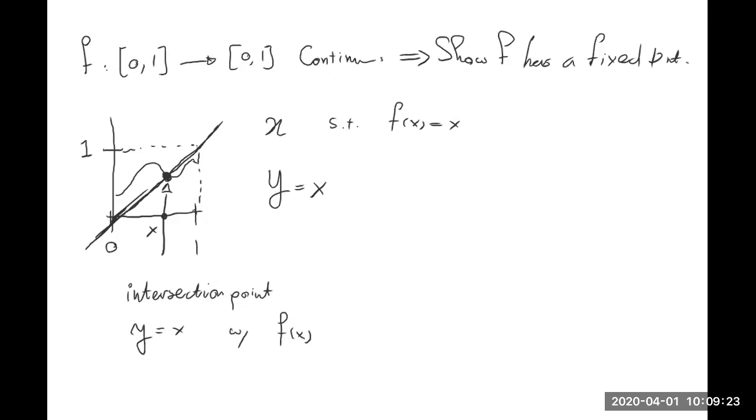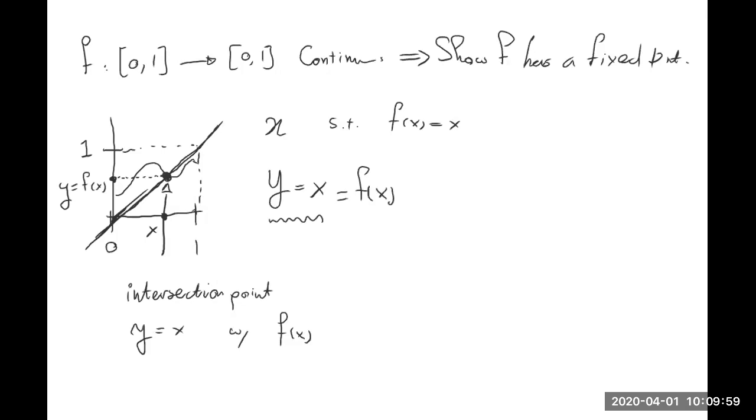If you look at this x here, it has two properties. First of all, if you look at this point x on the graph, the other component is f of x, right? Because it's a point on the function. But on the other hand, this point is also on the graph of the function y equals x. So here y, which is f of x, is equal to x.